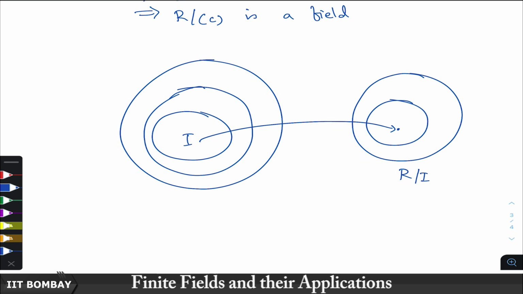So, these are equivalent statements. And this having no non-trivial ideal is equivalent to saying R by I is a field.